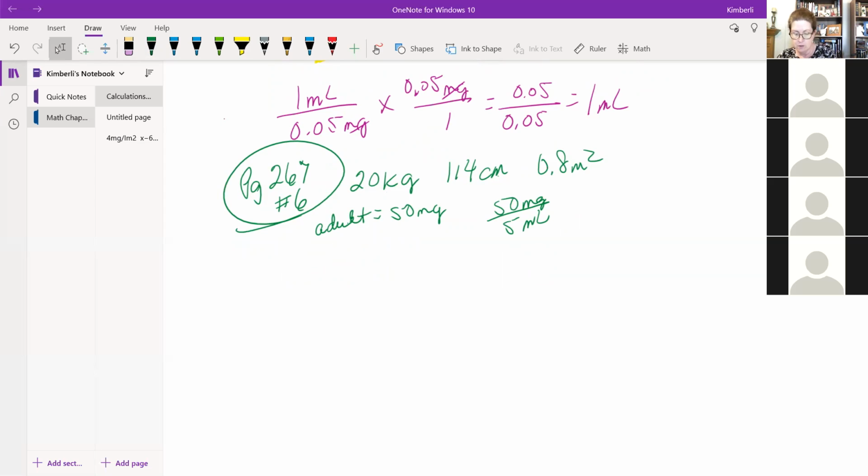Yes. Okay. So what dose should be administered to the child? 0.8 square meters divided by 1.7, times the usual adult dose, which is what? 50 milligrams.